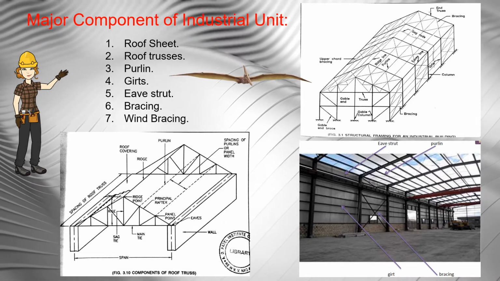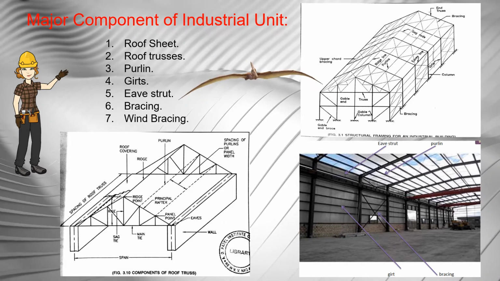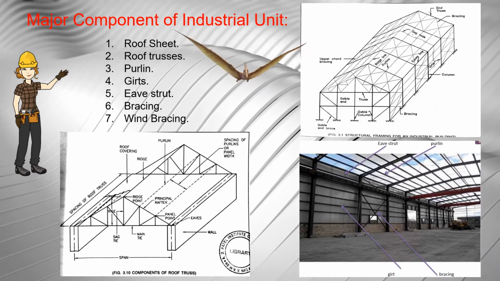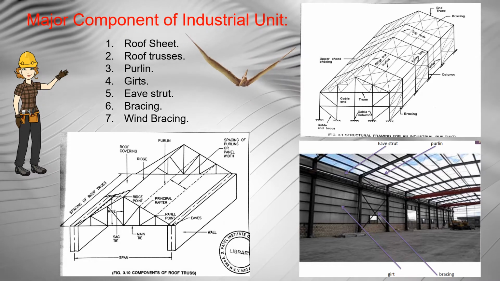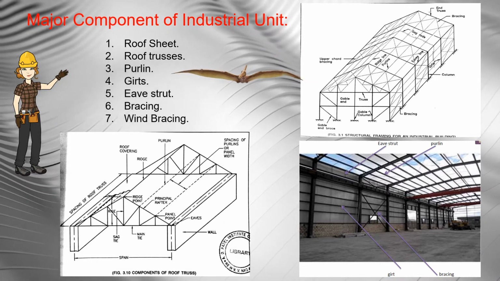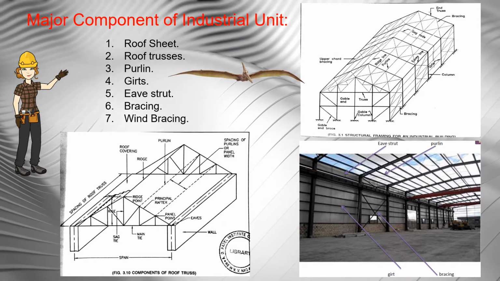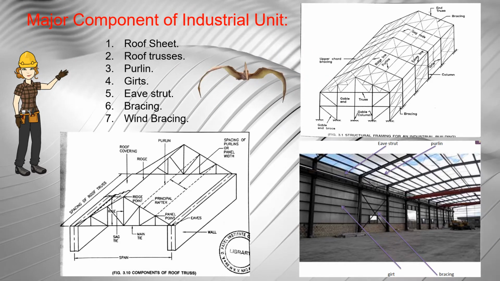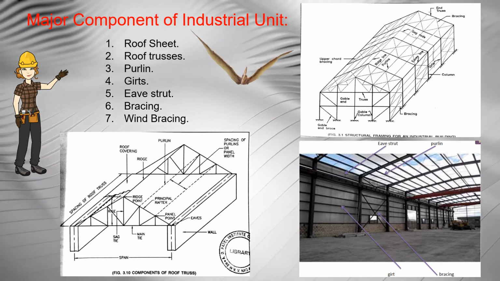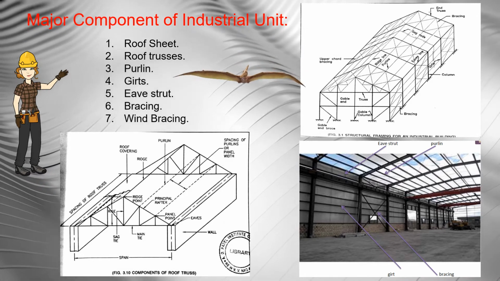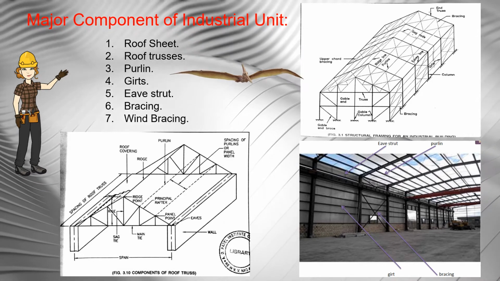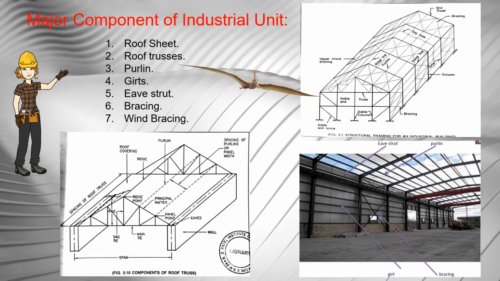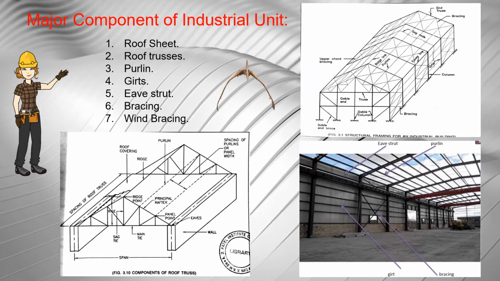Number 4, girts. Girts are the secondary structural members which provide support to roof and wall covering and also transfer wind load from wall material to primary frame. Number 5, eave strut. The member located at the intersection of roof and exterior wall is known as eave strut.